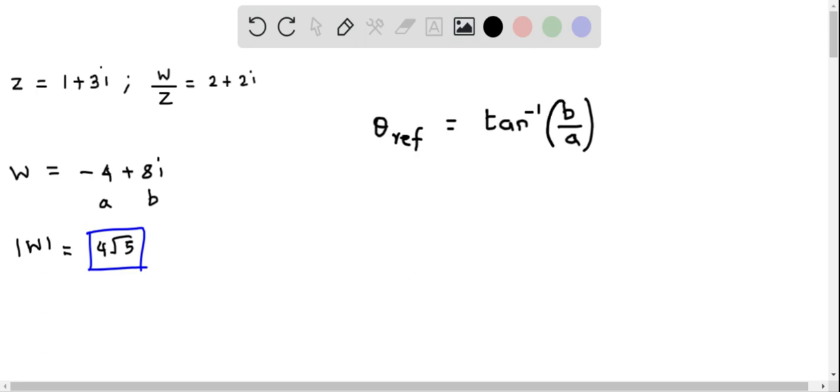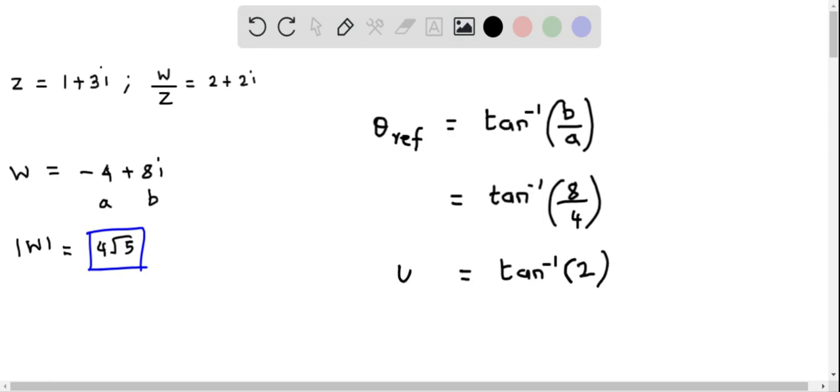And here we use both b and a as positive, that is, we ignore the sign of b and a. So therefore, the reference angle equals tan inverse of b is 8 and a is 4. We ignore the negative of a. So therefore, this is equivalent to tan inverse of 8 by 4, which is 2. So this is the reference angle.